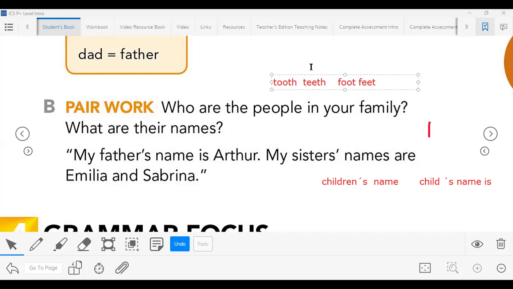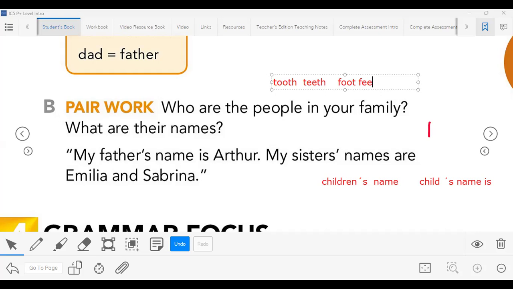So if I want to say my feet's pain, for example, it means that algo le pertenece a los pies, el dolor. In this case, it's not plural because you know that the plural of foot is feet, no S in the plural.